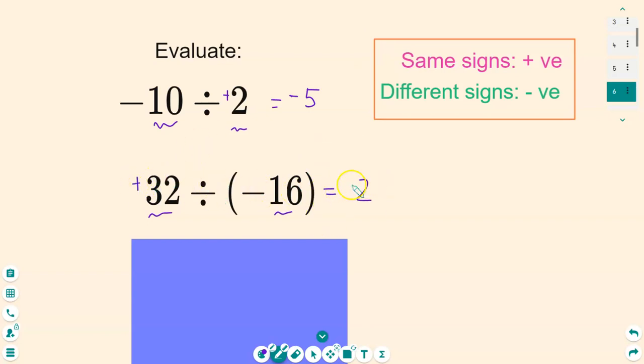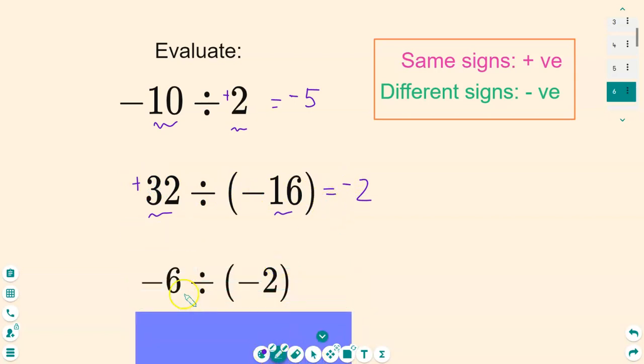Positive divide negative gives a negative. Negative 6 divide negative 2, or what's 6 divide 2 is 3. Negative divide negative, well, that's going to be same signs positive. So leave it at that.